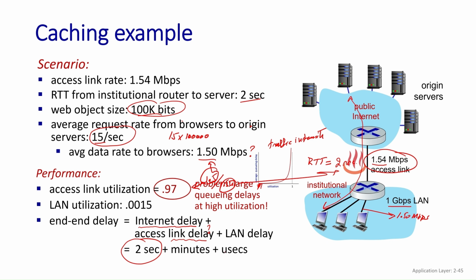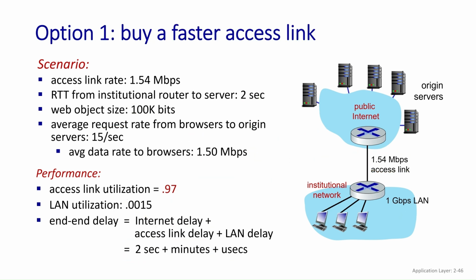And then we have the LAN delay, which is some microseconds. So I have my limited access link rate of 1.54 megabits per second, and if I keep increasing this rate, this can create a problem. So if I want to minimize this, what are the options that I have?